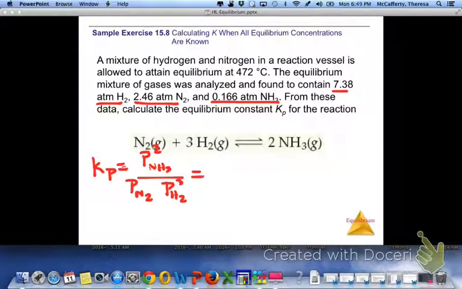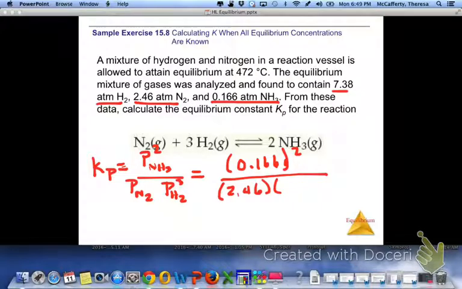I'm given all the values for those, so let's put those values in. So I have 0.166 atmospheres. It doesn't matter because equilibrium constants don't have units. The pressure of my nitrogen, 2.46, and the partial pressure of hydrogen is 7.38 to the third power.